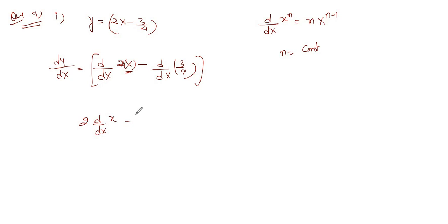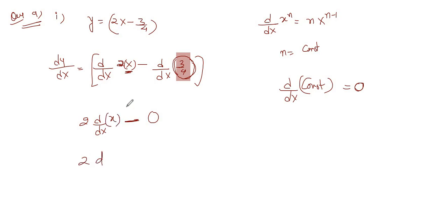So d/dx of x minus, what is the derivative of a constant? The derivative of a constant term is always 0. Always remember, d/dx of any constant is always 0. And what will be d/dx of x? If you check here, d/dx of x power 1.